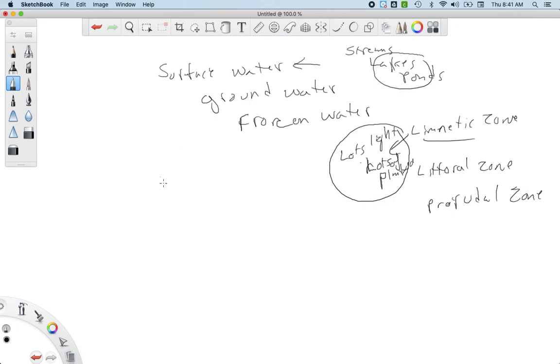In addition to the freshwater ecosystems, there are also marine ecosystems, which would be salt water environments. And then we talked about a couple of transitional environments, estuaries, tidal zones. So really, we've talked about the kinds of places on the planet we find life.